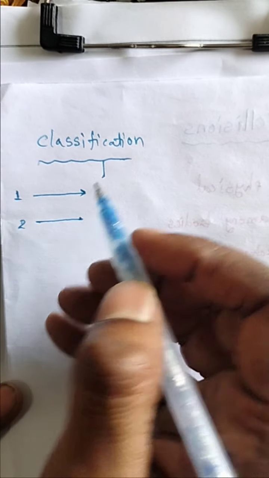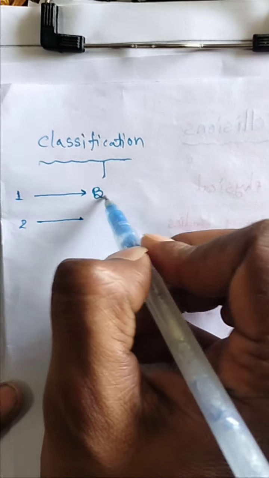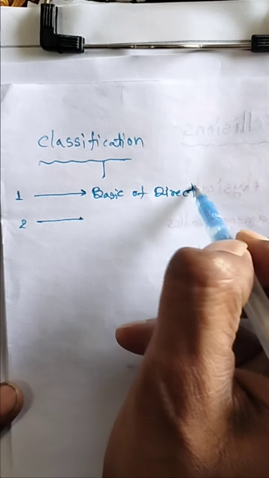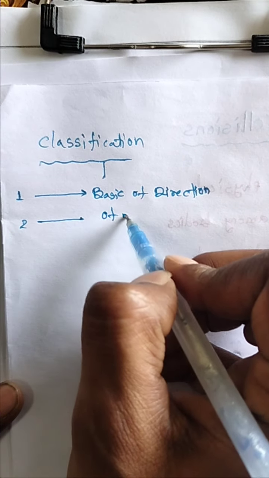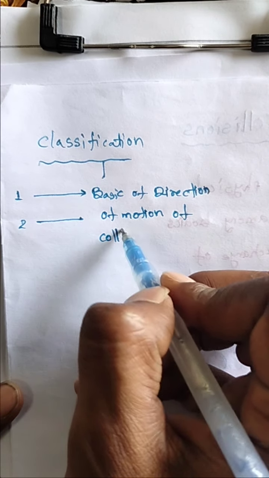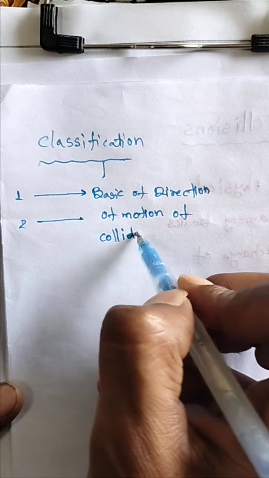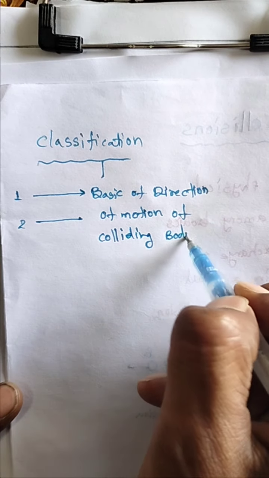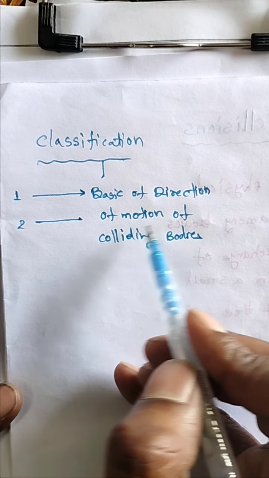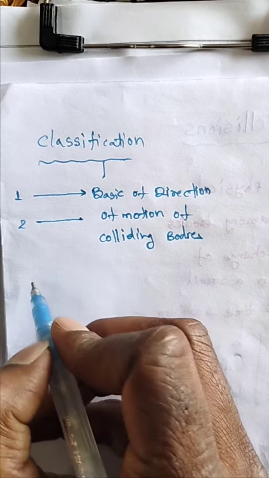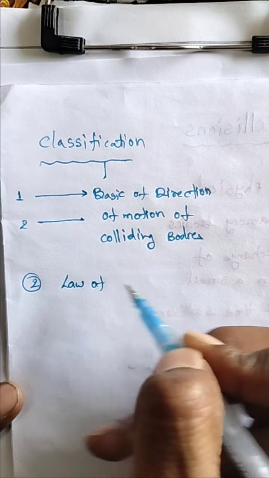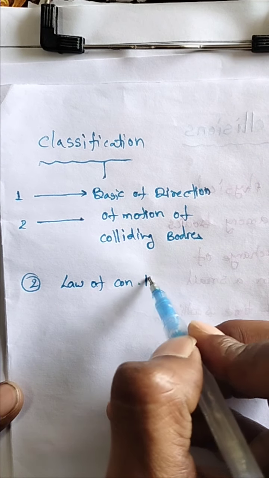So here the classification of collisions: one is on the basis of direction of motion of the colliding body, and the second case is on the basis of the law of conservation of kinetic energy.